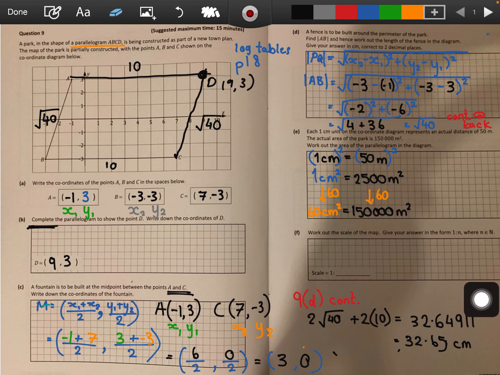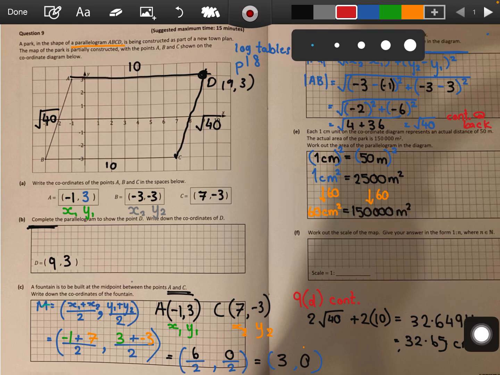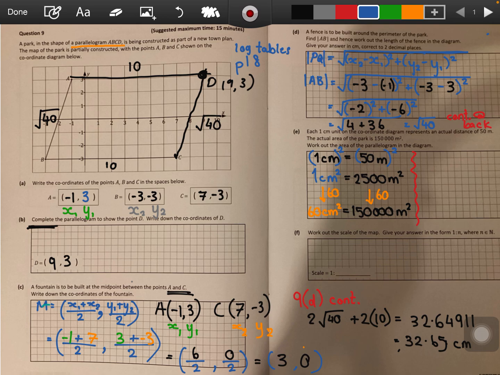Another way of doing it, we could have split up this shape into 2 right angle triangles and 1 rectangle and found the area of them. So we could have done it as a compound shape. Or another way is to use our formula for the area of a parallelogram straight away. That is the base by the perpendicular height.